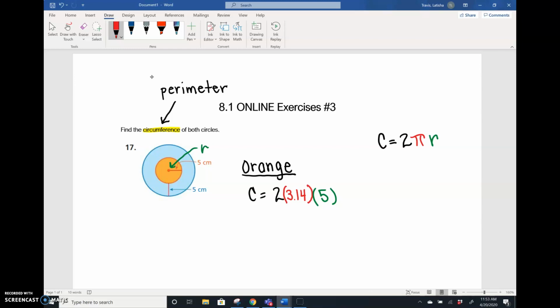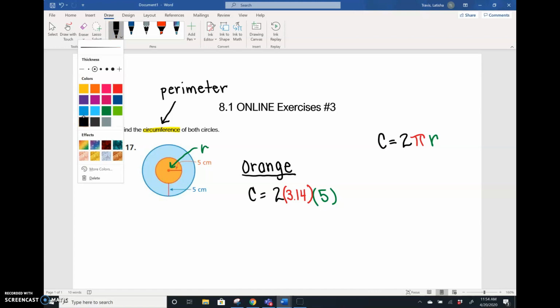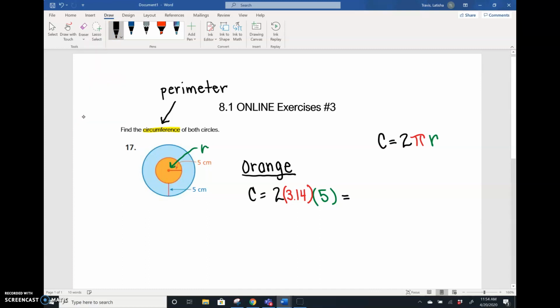The only other thing to do is to do what the parentheses tell us to do in mathematics, which is to multiply. So I'm going to take 2 times 3.14 times 5. So that equals 31 4/10. The units of measure will be centimeters.